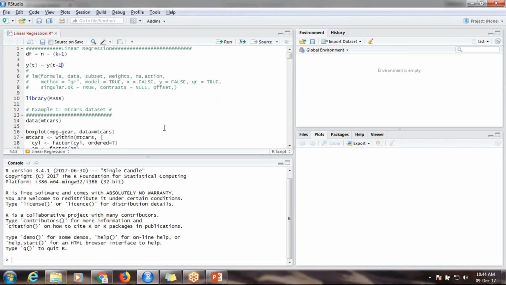Mainly it becomes a problem of the autocorrelation function. So autocorrelation shouldn't be there between my independent and dependent variable.